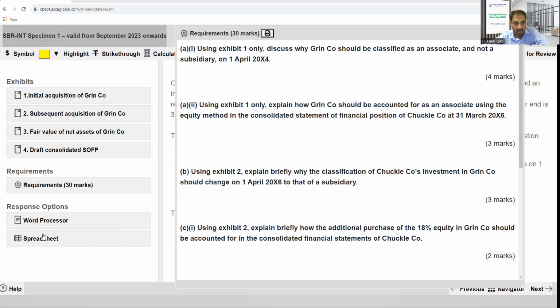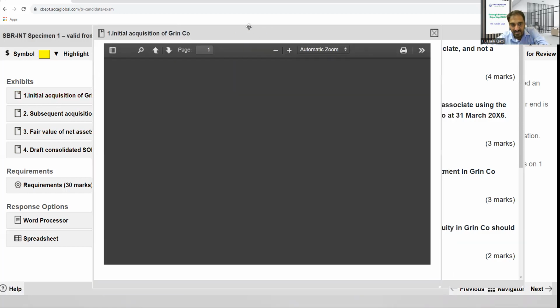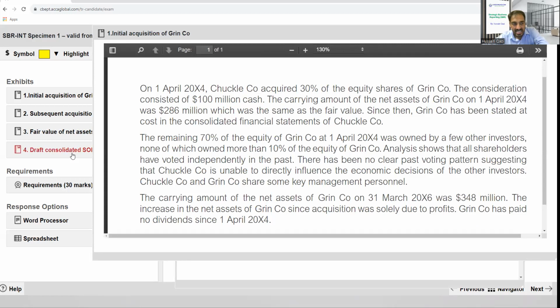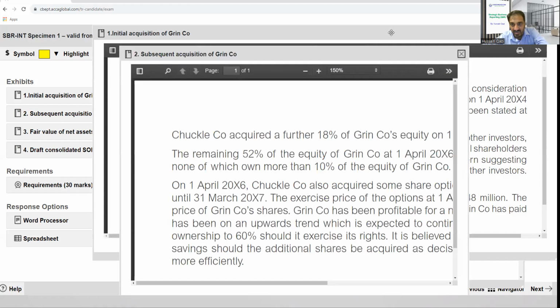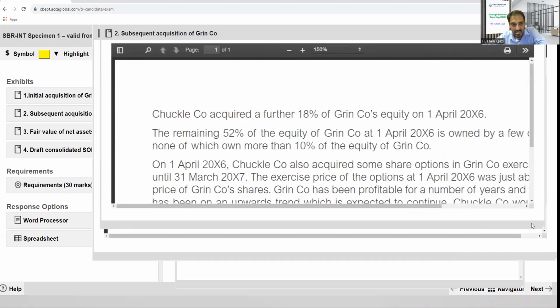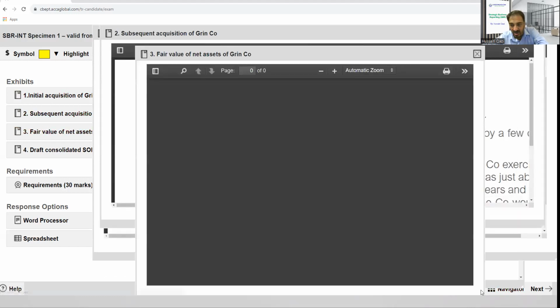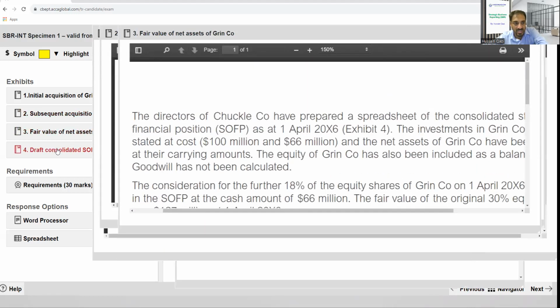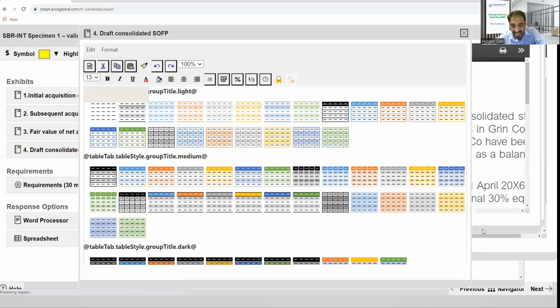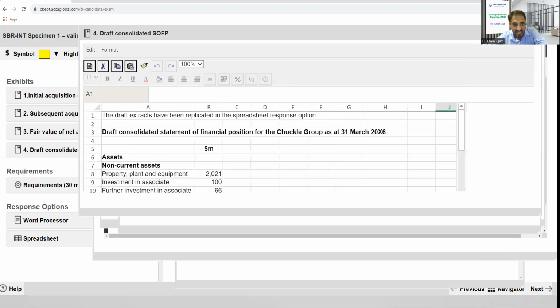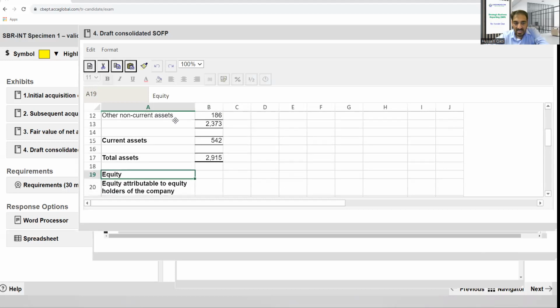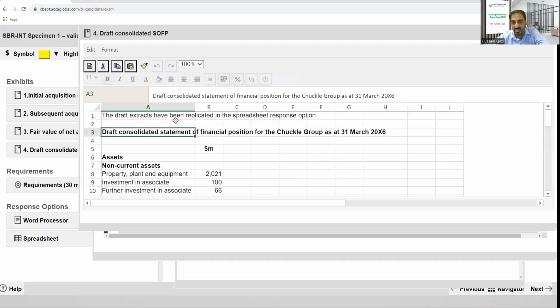So this is the question. Question 1. These are exhibits. Initial acquisition of grain, then subsequent acquisition, then something about fair value adjustment. Then the examiner, with the fourth one, has given drafted consolidated accounts.